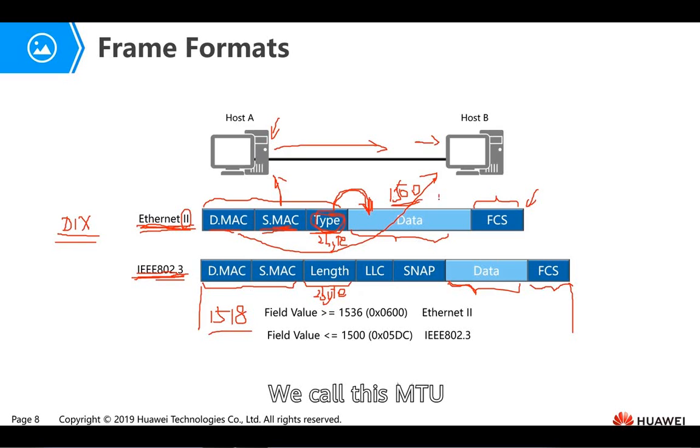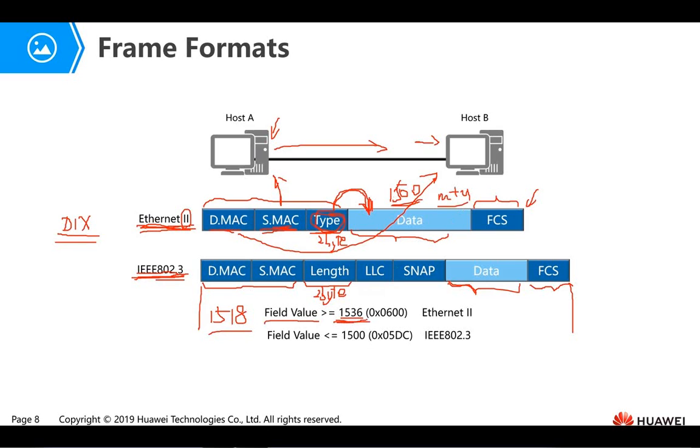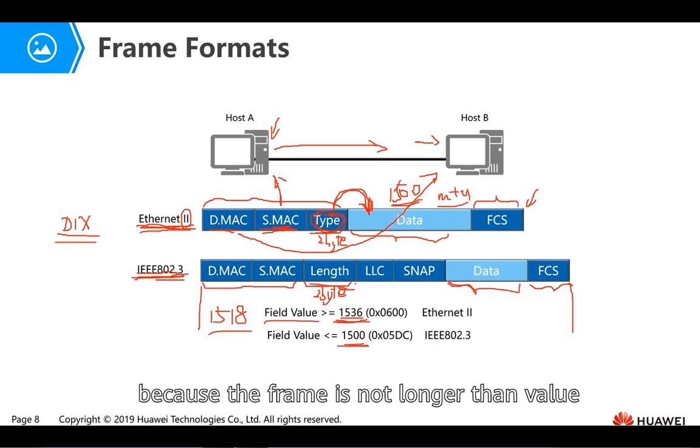We call this the MTU, maximum transmission unit. So if the field value is smaller than this value, it should be the length, because the frame is not longer than this value.